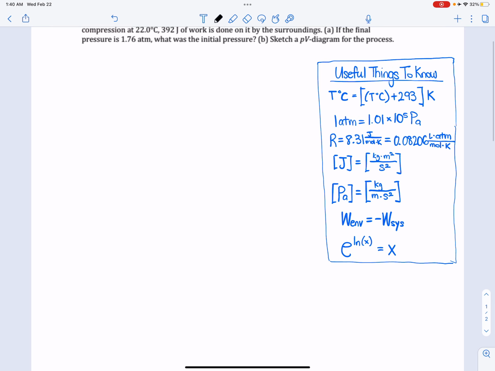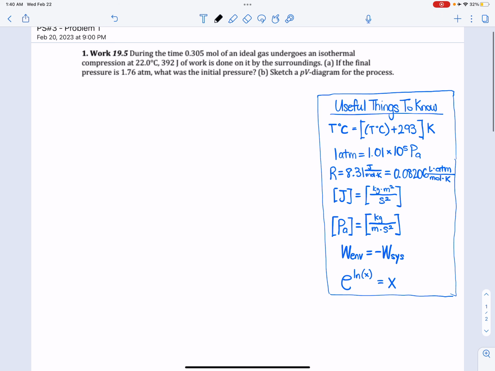The next thing is whenever you have the unit in joules, that is also equal to the unit kilograms times meters squared over seconds squared. Same thing with pascals: the unit pascals is equal to kilograms over meter times second squared.